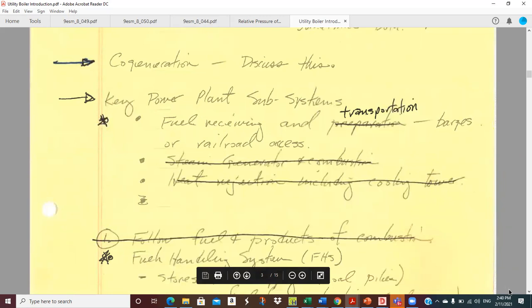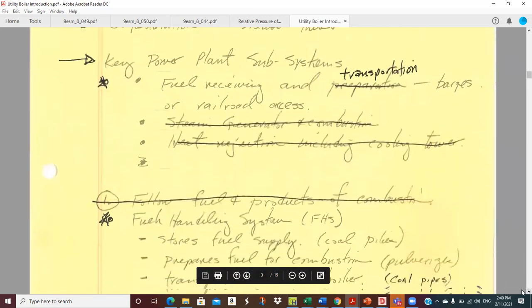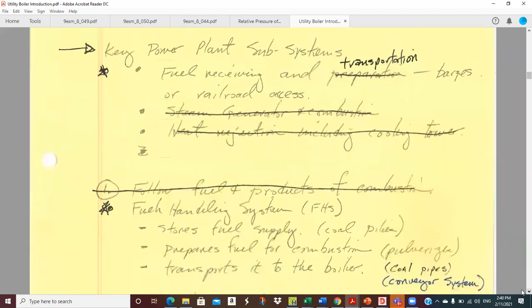Okay, so back to the subsystems, transportation. Think about it. If you're burning all that biomass, how are you going to get it there? You're going to put it on the back of a diesel truck and drive it in? How's that help your emissions? You may be burning renewable biomass, but that oil you're burning to transport it there is probably not so renewable.